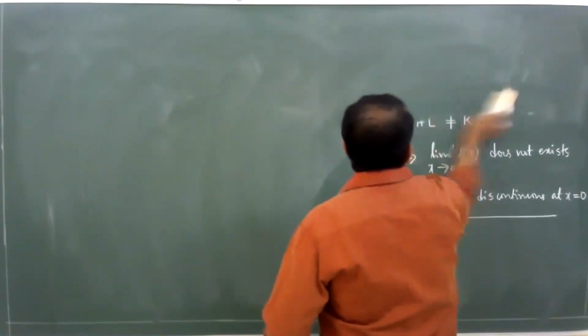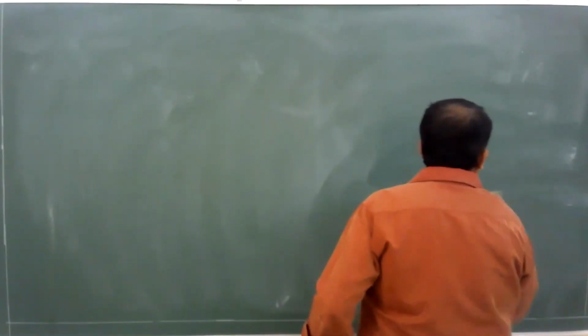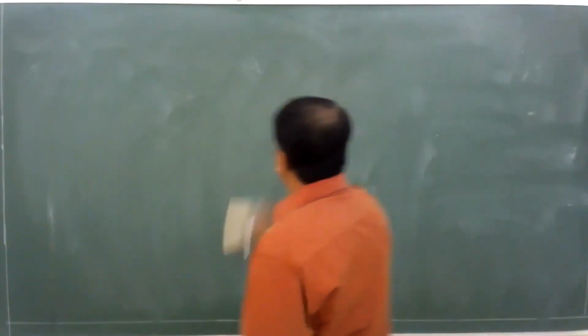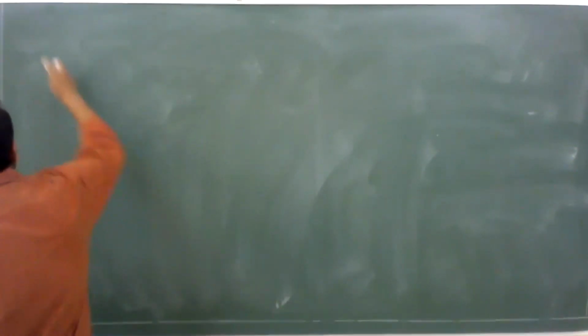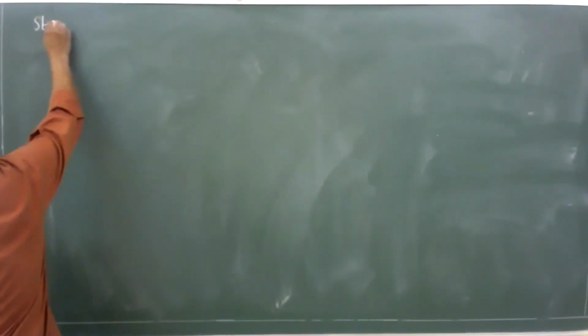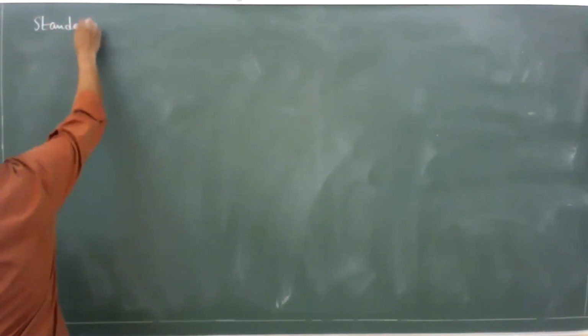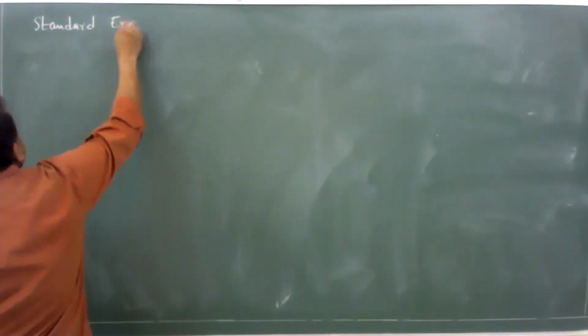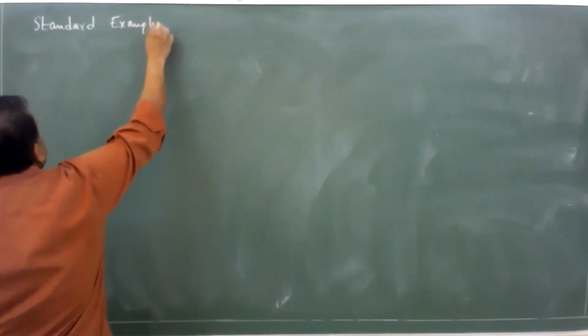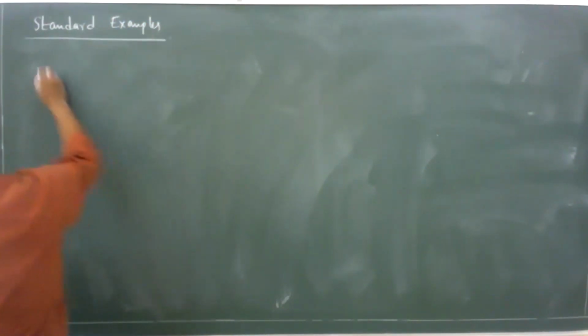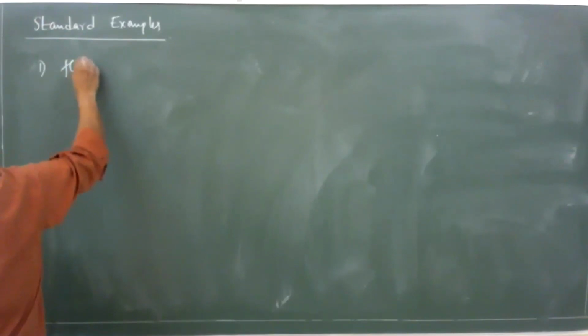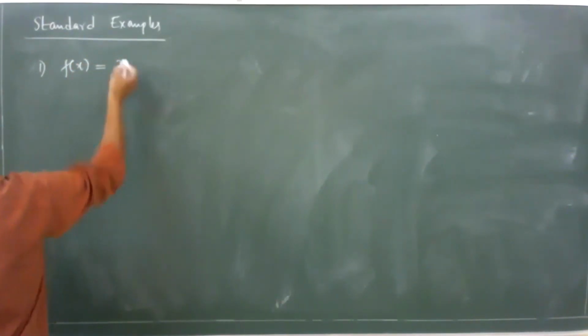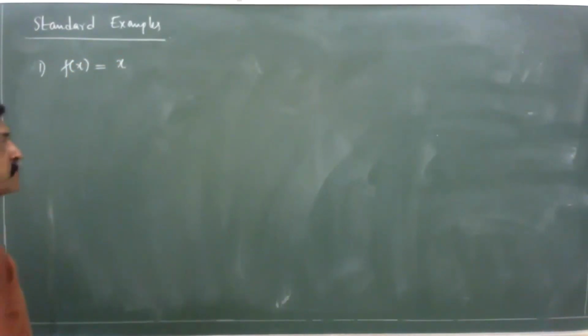The graphs that I am going to draw now are all known to you. First example, I can take it as a standard example. First one, f of x is equal to x.